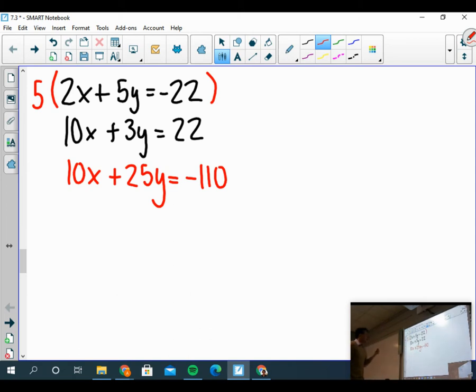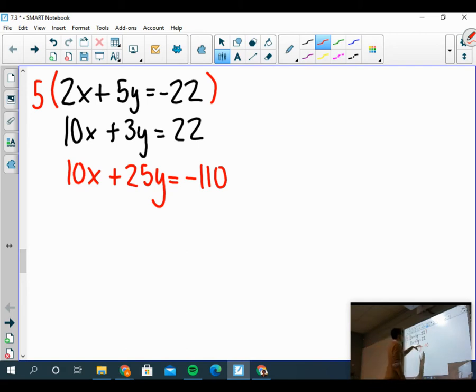Again, this does not fundamentally change the equation. When you add or subtract something, even if you add or subtract it to every part of the equation, that will change it. It will become a different line. But if I just multiply both sides of the equation by a constant, as long as I multiply both sides by it, it's not going to fundamentally change the line.